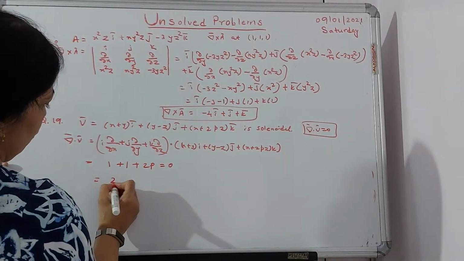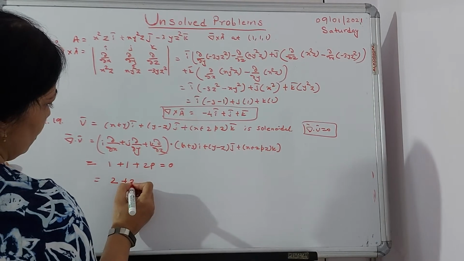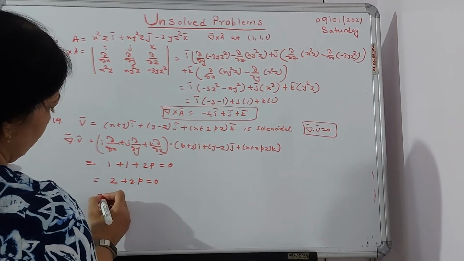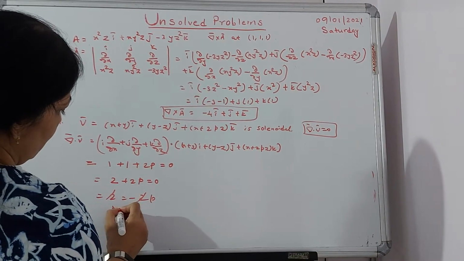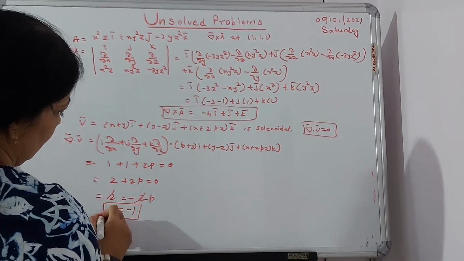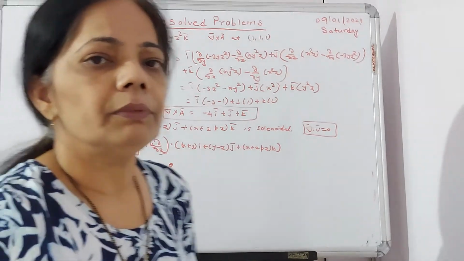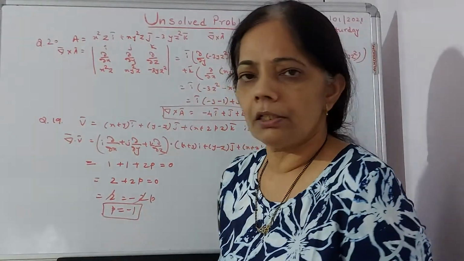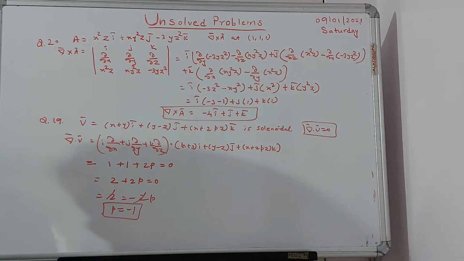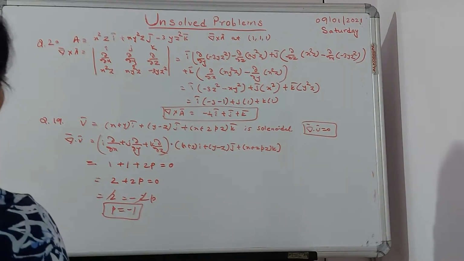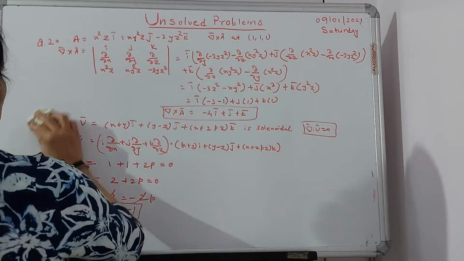So what does this give? 2 plus 2p will be 0, which means 2 is equal to minus 2p, so p has to be minus 1. That's the simplest argument as far as showing the given vector V to be solenoidal is concerned. Correct? Then we'll move to question number 18 now. After 19, we'll go to question number 18.